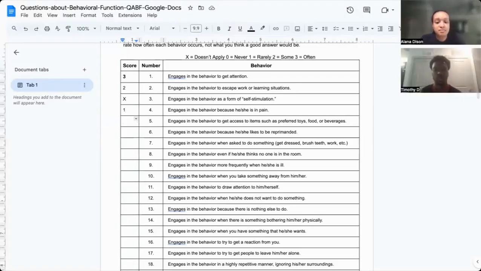2. Engages in the behavior because he or she likes to be reprimanded. 0. Engages in the behavior when asked to do something like get dressed, brush teeth, work, etc. 3. Engages in the behavior even if he or she thinks no one is in the room.